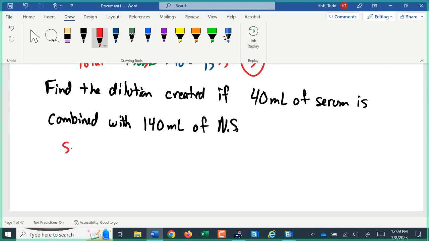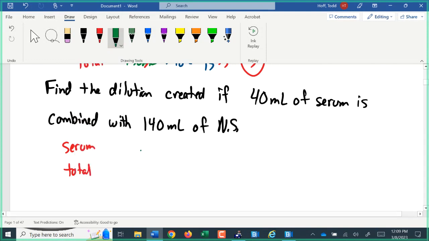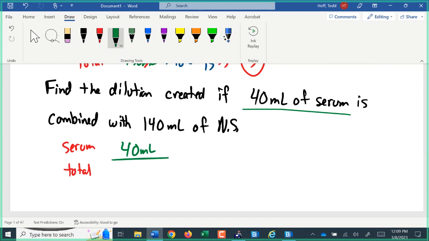So now again, our dilution is serum to total solution. We have the serum, 40 milliliters. So put 40 milliliters on top. The total solution is not just the 140 milliliters of saline, it's the 140 milliliters of saline plus the 40 milliliters of serum that we have on top.